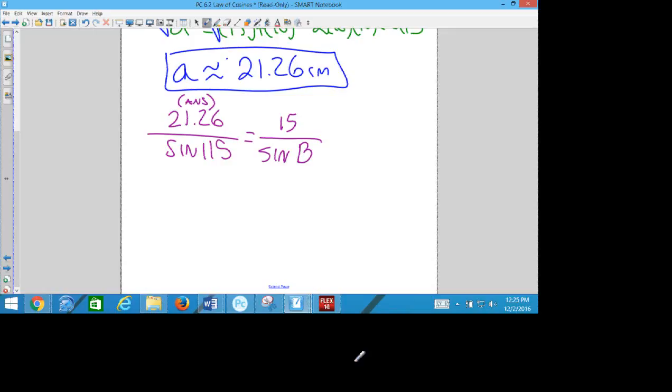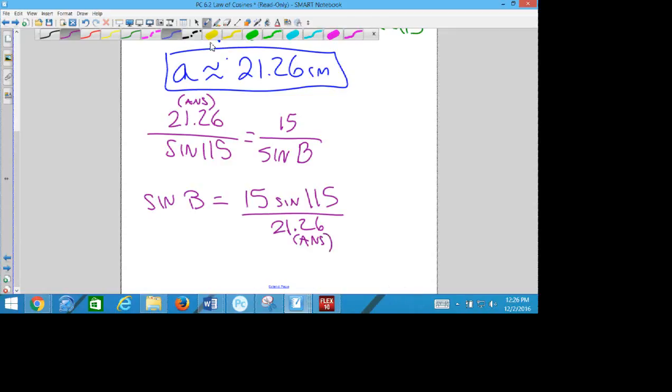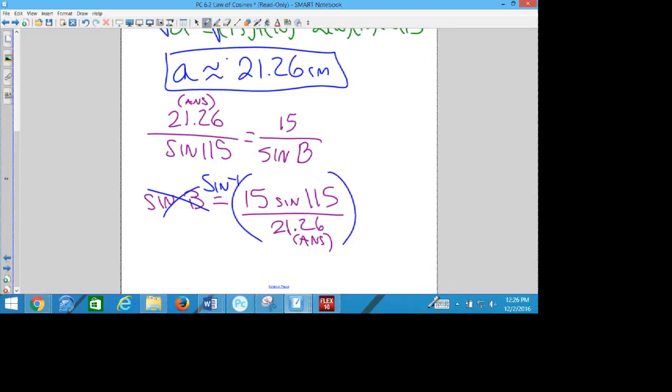Solve for B. And since we're trying to find B, you're going to use inverse of sine of that fraction, and I used answer, I didn't use 21.26.